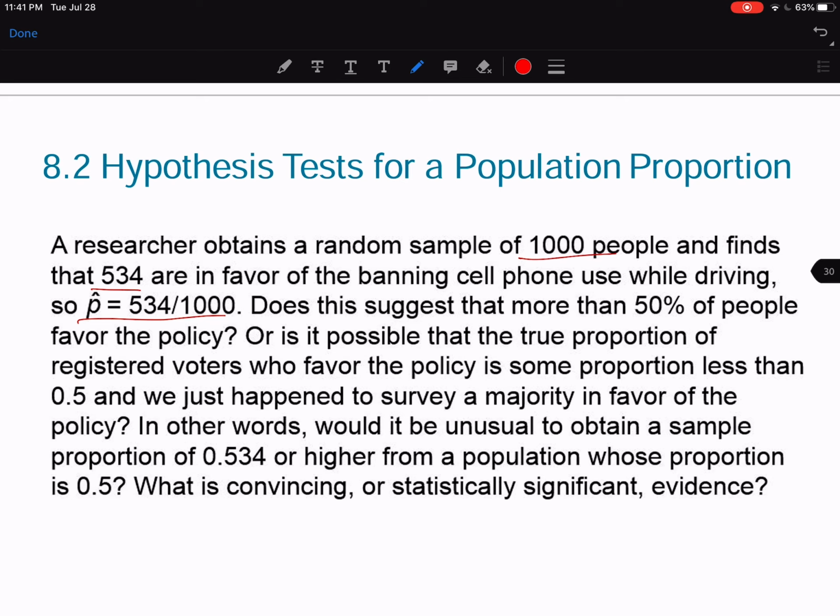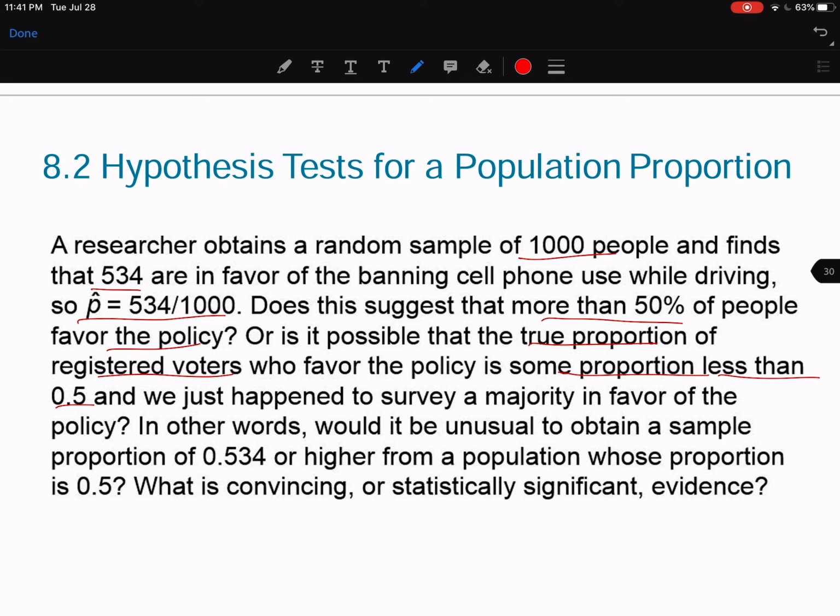This suggests that more than 50% of people favor the policy, or is it possible that the true proportion of registered voters who favor the policy is some proportion less than 0.5, and we just happen to observe a majority in favor of the policy?